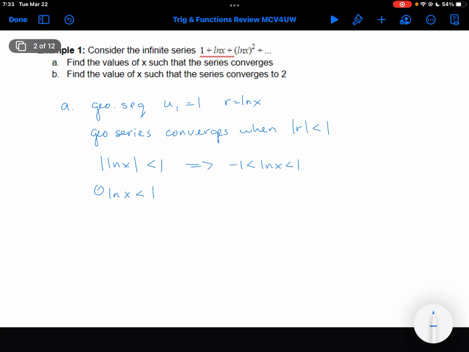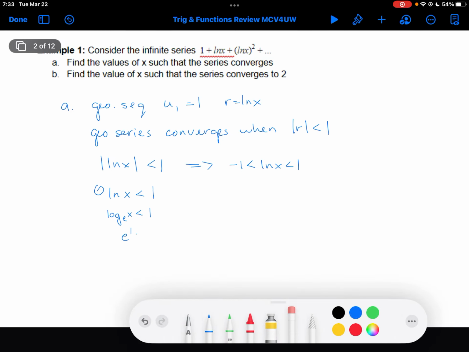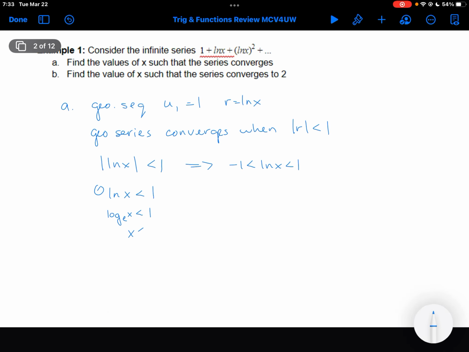So what that means, I'm going to switch from my logarithmic form. Remember that ln is just log base e of x, has to be less than 1. So here we're going to say that x has to be less than e to the 1.